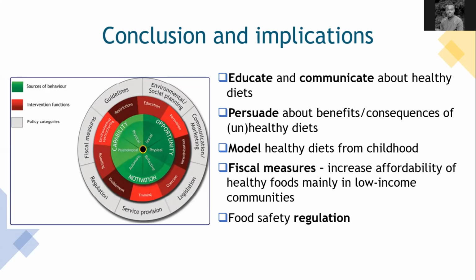We can persuade people about the benefits and the consequences of healthy diets. We can model healthy diets from childhood, since upbringing was a major theme that influenced the diets that were taken in adulthood.